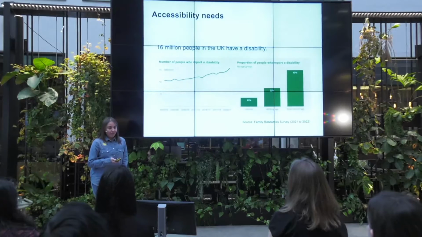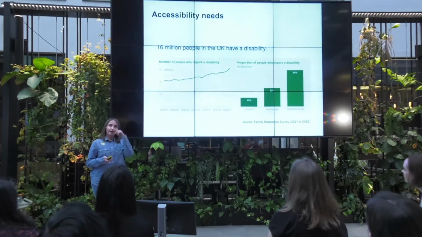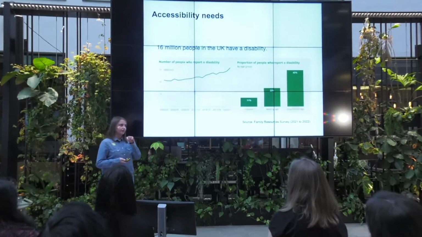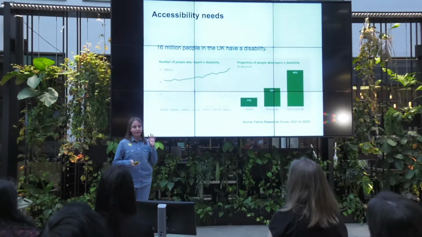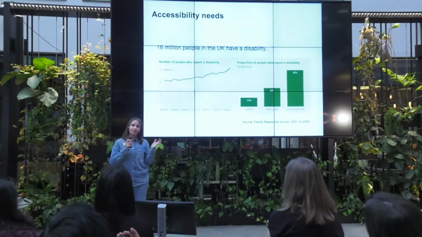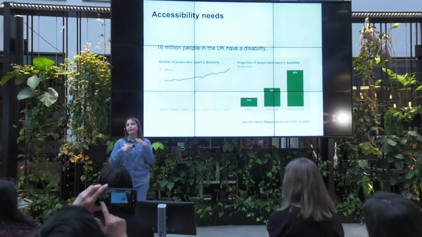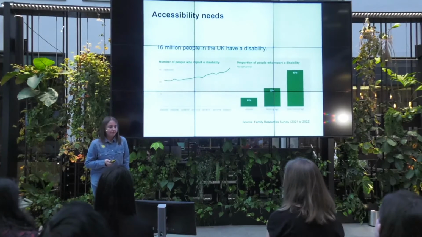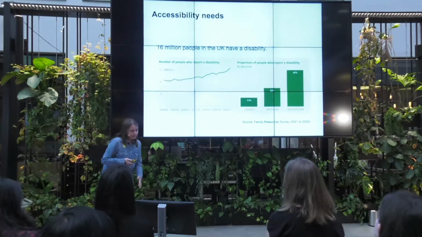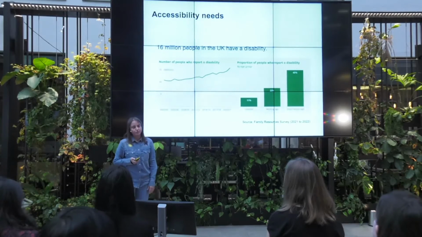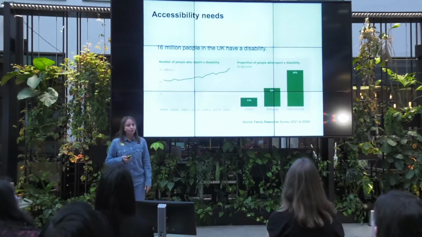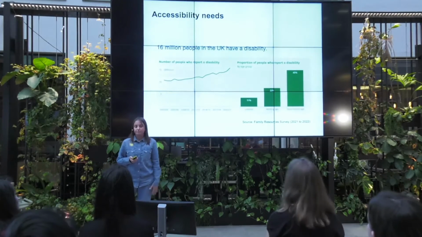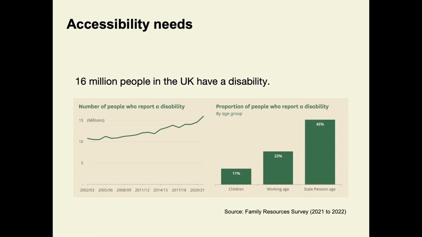And again, when I showed you this initial diagram with the bubbles, there was accessibility in there. And this is a huge topic, and sometimes, again, people might use it interchangeably with inclusive design, but inclusive design touches on the other elements as well. So from one of the latest statistics from the Family Resources Survey in 2022, in the UK, there are 16 million people that have a disability.